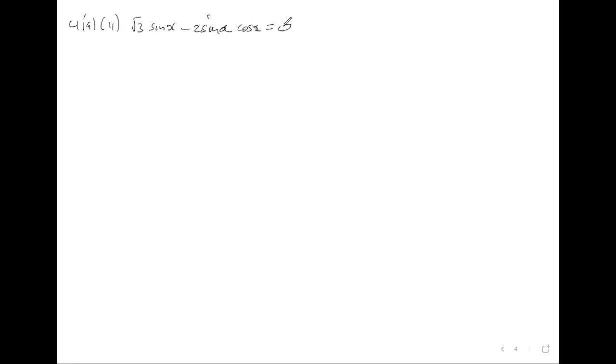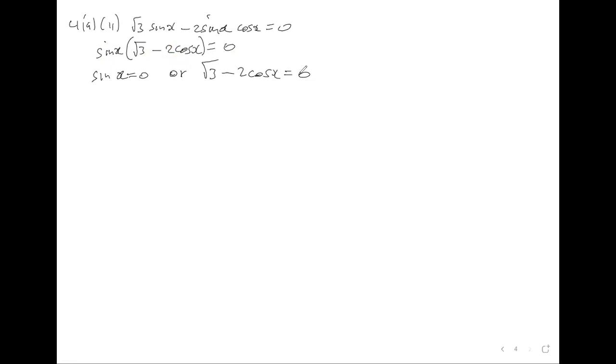In the first place, we can factor out the sine, so we have sine x times root 3 minus 2 cos x equals 0. Since the product of the two factors is 0, either this is equal to 0 or the other part in the brackets equals 0. And so we write sin x equals 0, or root 3 minus 2 cos x equals 0.